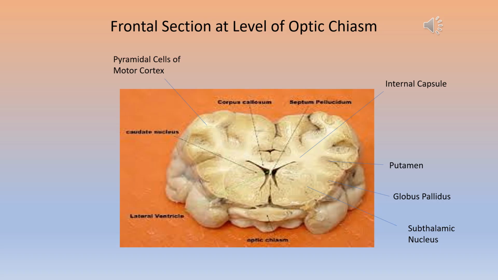Consequently, the pyramidal cells of the motor cortex are going to cross at the decussation of the pyramids when they get to the medulla. So this is a pretty picture of the basal nuclei, the internal capsule, the motor cortex, where we initiate our intentions to move.